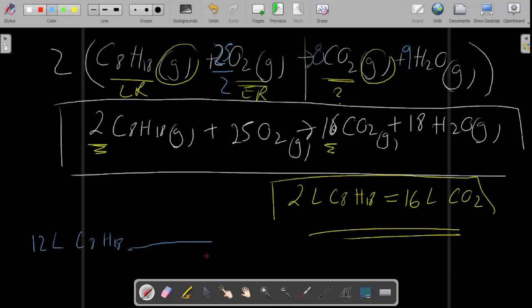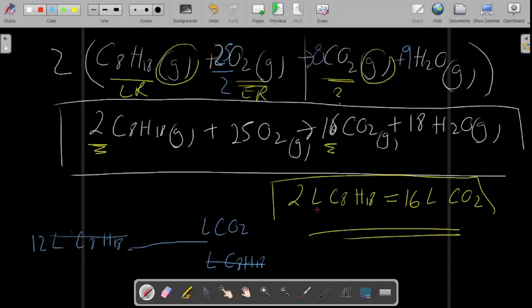I want to get rid of my liters of the octane. I'm having a lot of problems with my mouse. I don't understand why, but it is what it is. So liters of my octane gas and end with the liters of carbon dioxide. That's what I want.